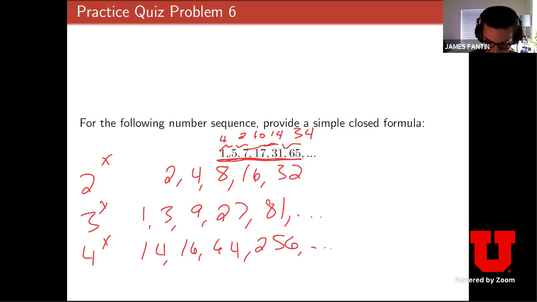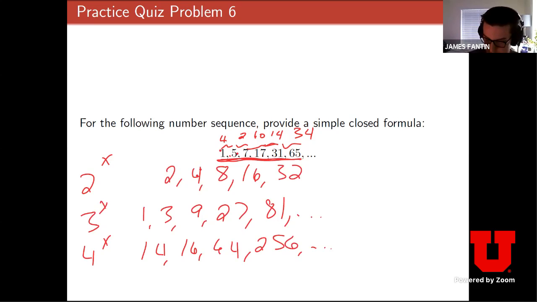You subtract 2 to get 1. From 4 to 5, you could add 1. From 8 to 7, you could subtract 1. From 16 to 17, you could add 1. From 32 to 31, you could subtract 1. So we're noticing that there's this pattern of 2 to the x, but we're adding and subtracting 1 at every other step.